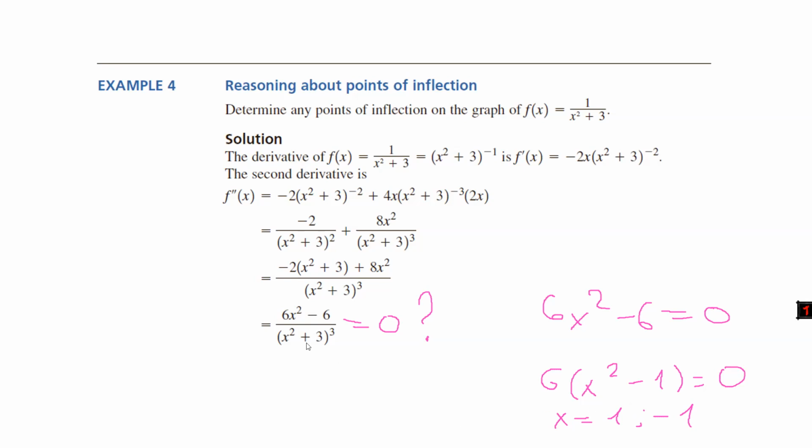And second, if you found roots for the numerator, you have to check that this value is okay with the denominator. In this case, it's okay with the denominator, but you may get trapped.